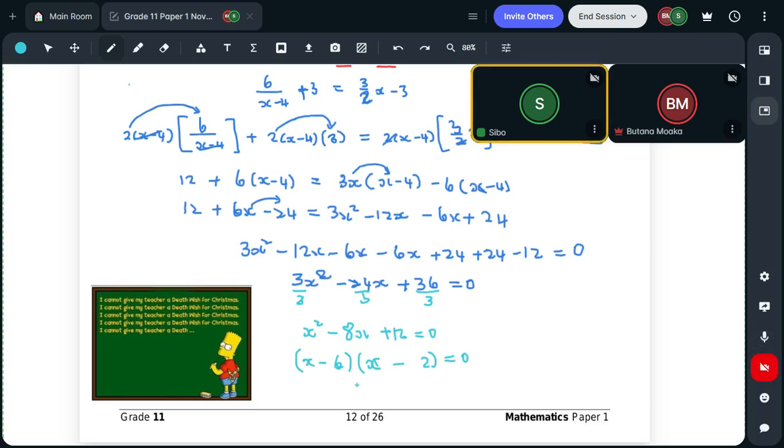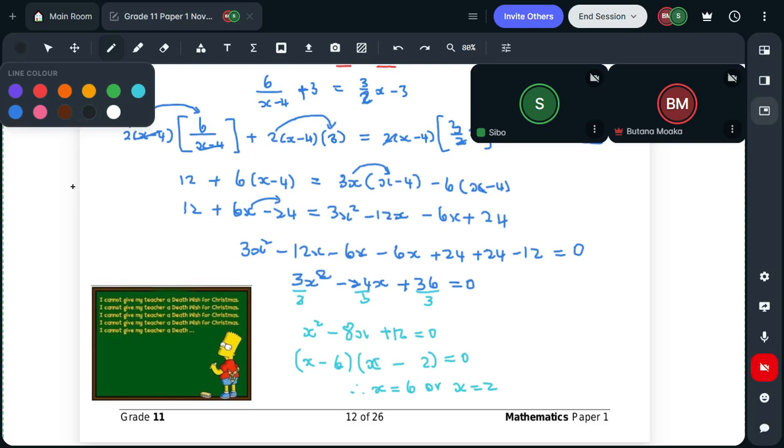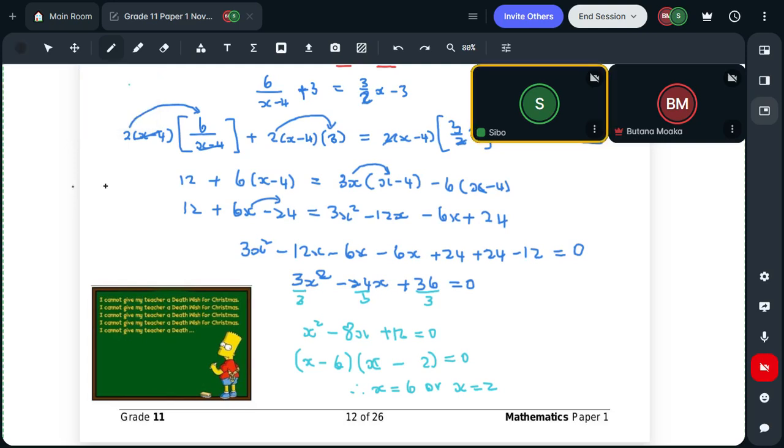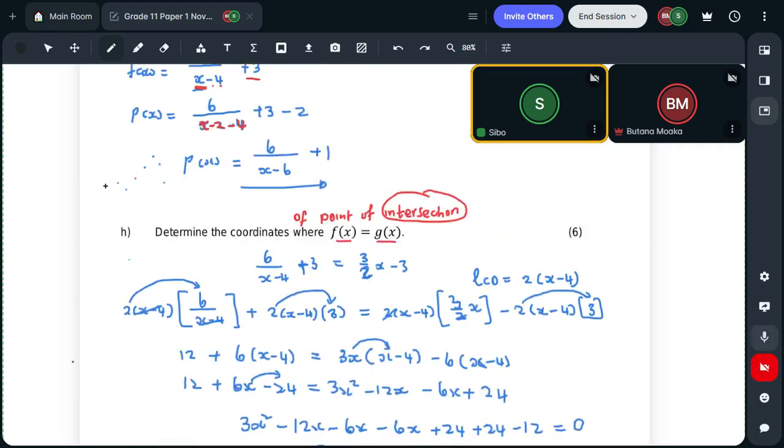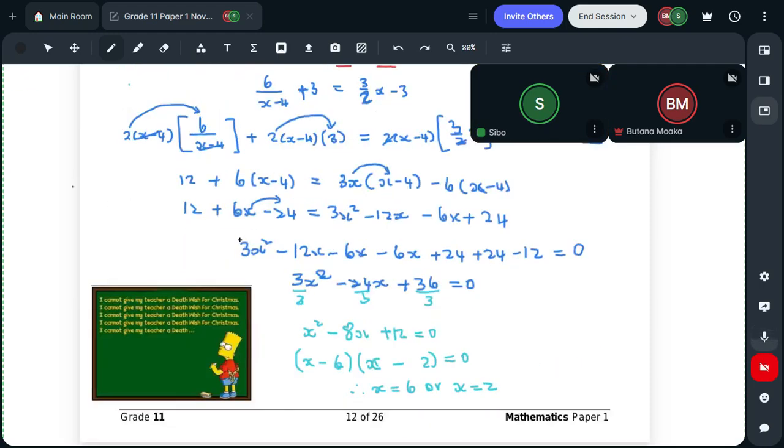Therefore, x equals 6 or x equals 2. You see, I'm moving slow. Yes. But look at the question. Determine the coordinates. They are not looking for the x, but the pairs.